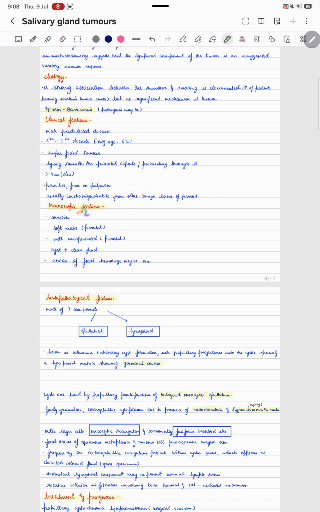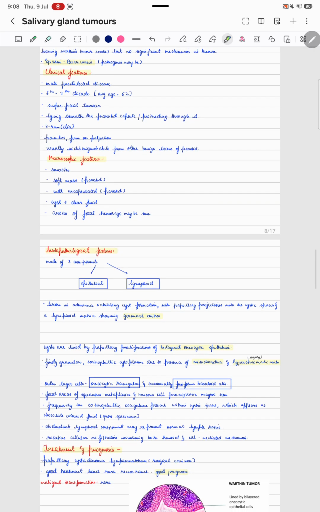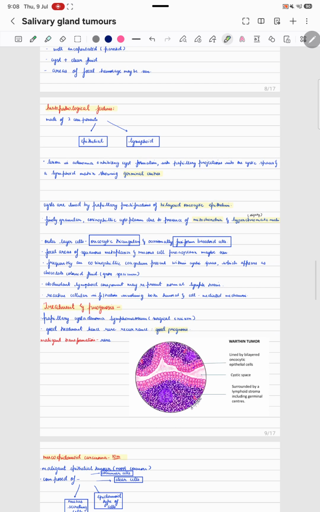Macroscopic features include a smooth, soft, encapsulated mass with cystic degeneration, clear fluid, and areas of focal hemorrhage.